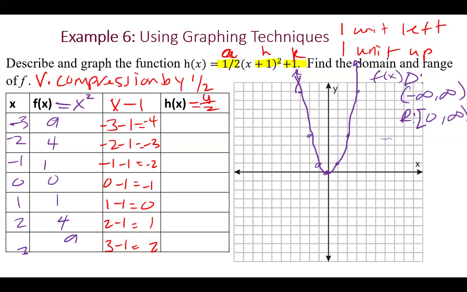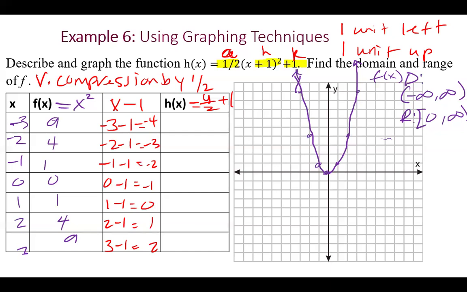So we got to divide our y's by 2 and then make them go up. And how am I going to make them go up? I'm going to add 1. Okay, so our y's have a lot happening to them. We got to divide them and we got to shift them. So we're going to divide by 2 and then go up 1. So you're doing that for each one of your y values.